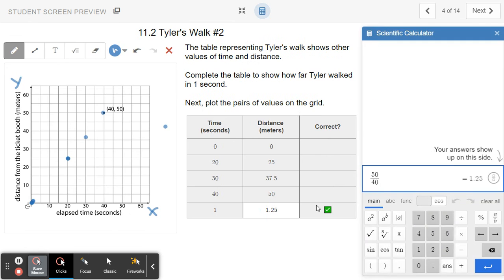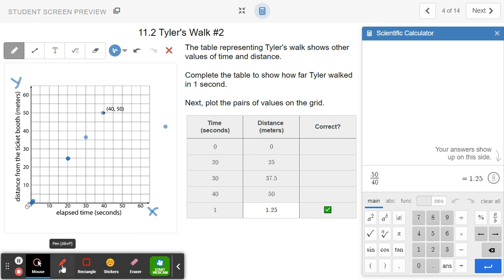And we had found that here when we did 50 divided by 40, right? So we figured out, oh, we had to multiply this by 1.25, which means I had to multiply the 1 by that, which means that this 30 times 1.25 is 37.5.